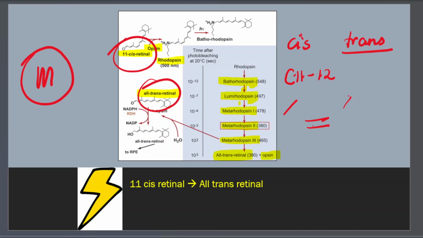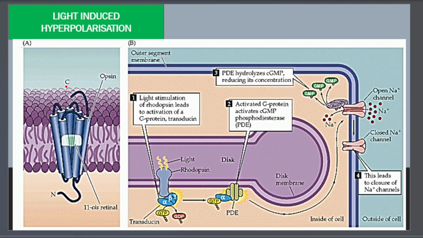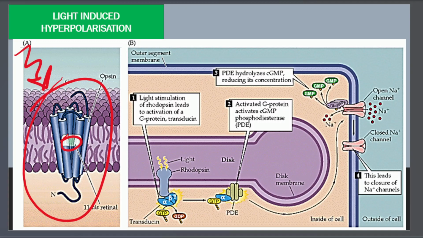That is going to activate your rhodopsin. Here, this is a protein, your rhodopsin, and the rhodopsin has your 11 cis retinal. So when light falls on the rhodopsin in your photoreceptor cell, the rod, it activates the rhodopsin present in the discs of the outer segment.